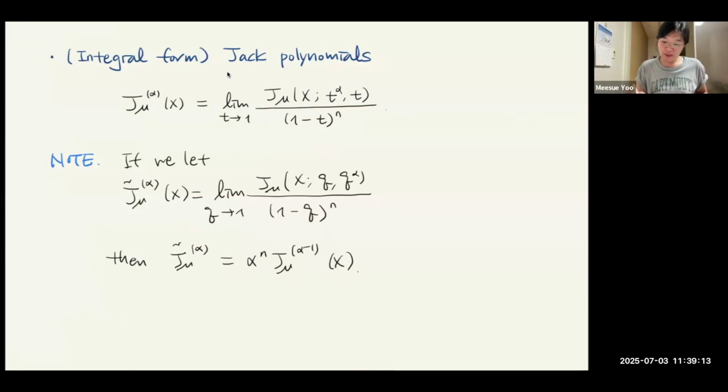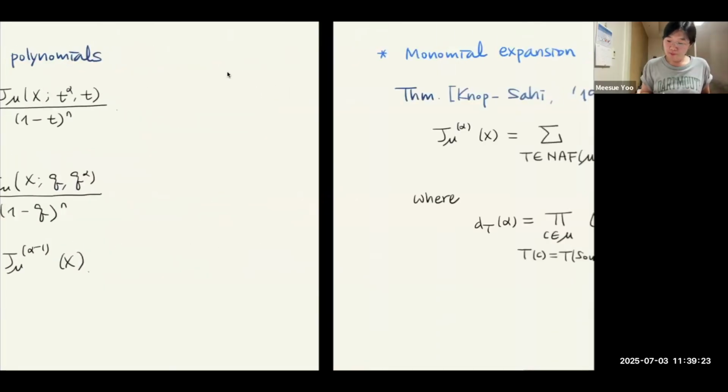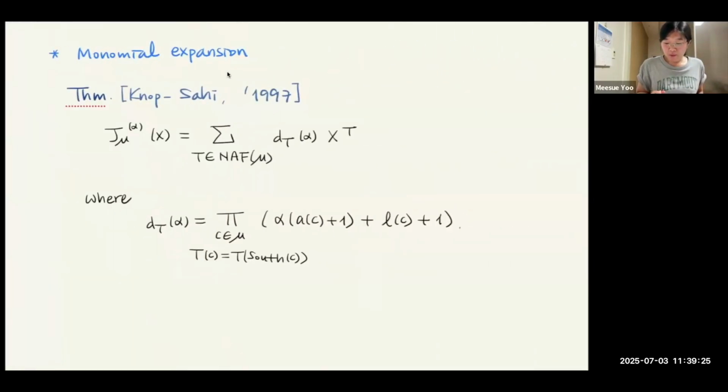So the integral form that we consider in Haglund's conjecture and Jack polynomials are related in a certain sense. The reason why I mention this is because Knop and Sahi came up with the monomial positivity of the Jack polynomials. So there is a combinatorial formula for the monomial expansions, and it is defined over non-attacking fillings.